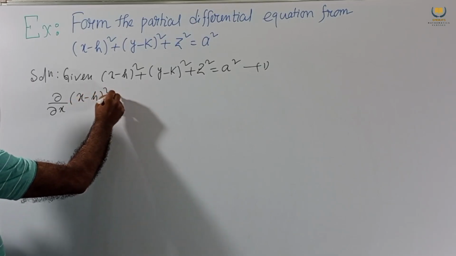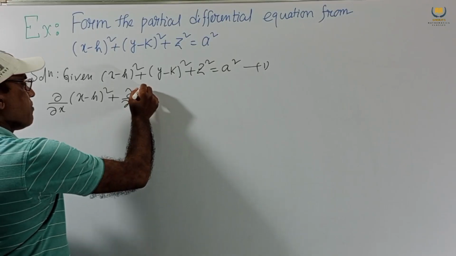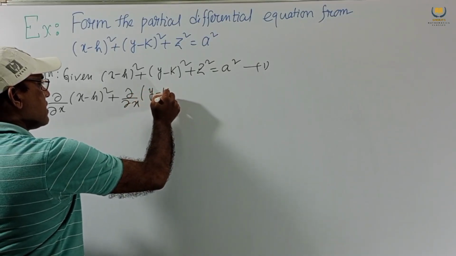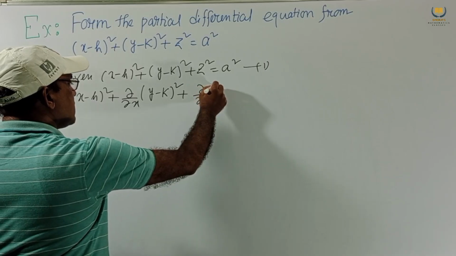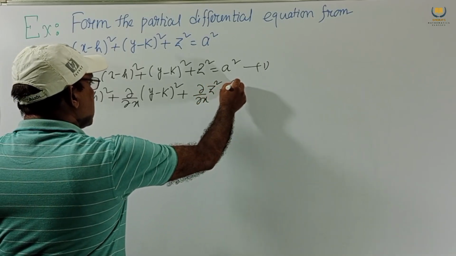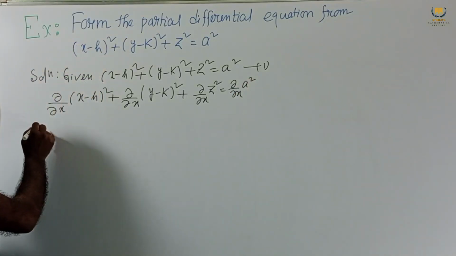So what do we get? Here x and y are independent variables, z is the dependent variable, and this is del x of z square, del x of a square. This one we get.